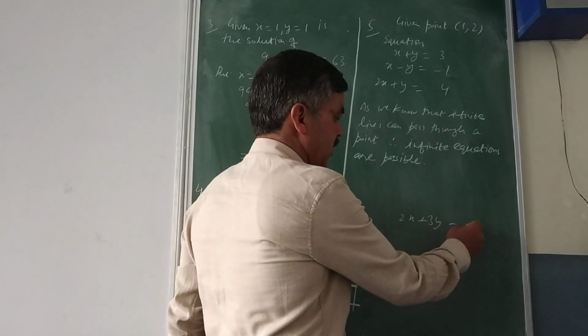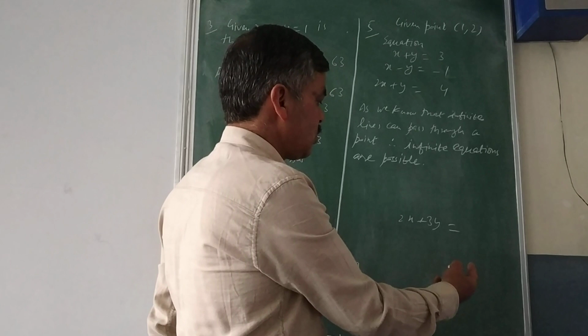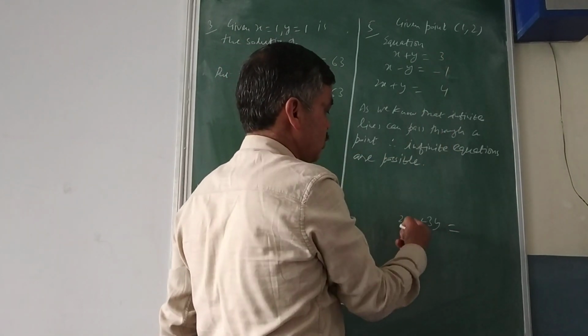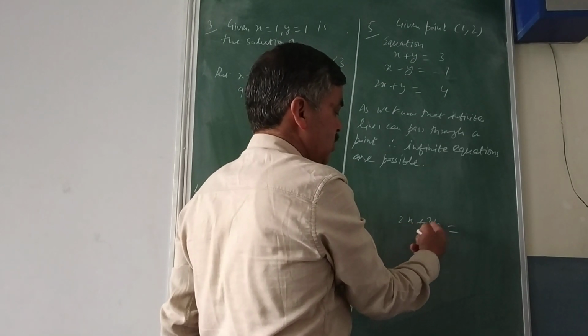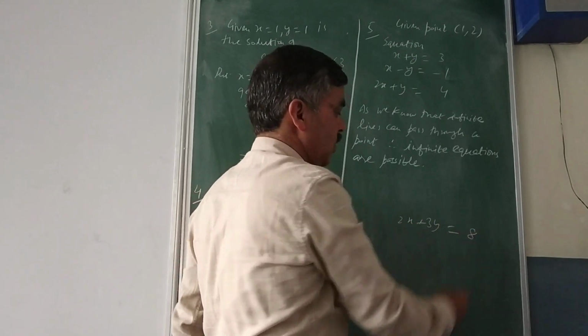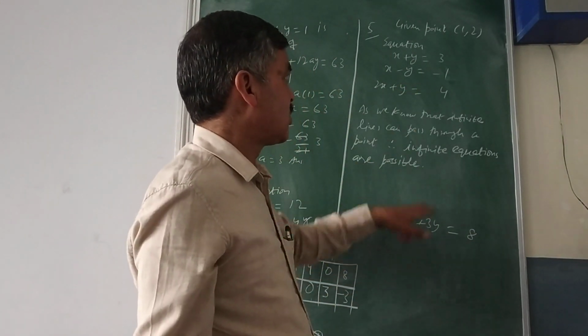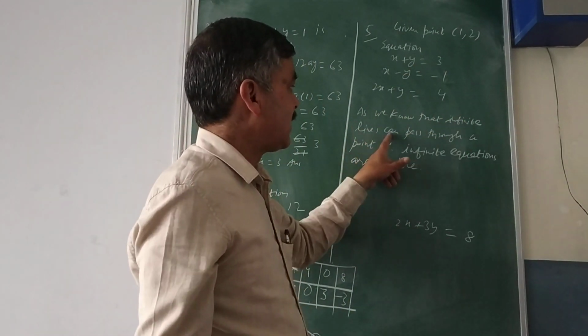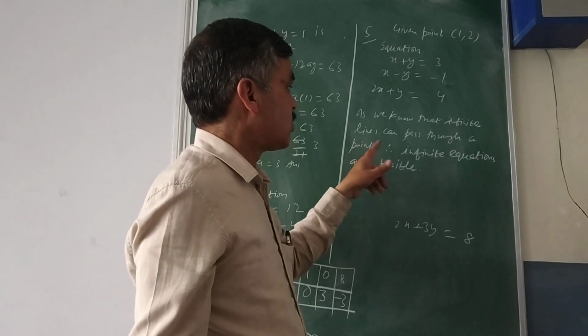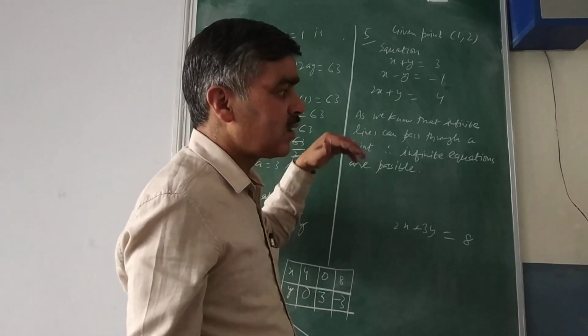Then beforehand, before writing the result equal to what, substitute these values. So 2 1s are 2 and 3 2s are 6. 6 plus 2 is equal to 8. Now you see, this is another equation which is passing through 1, 2. As we know that infinite lines can pass through a point, therefore infinite equations are possible.